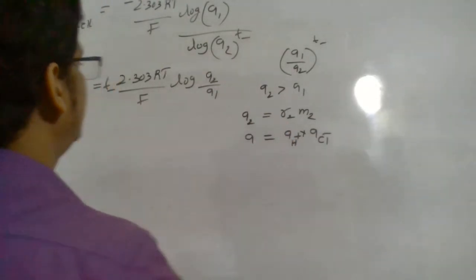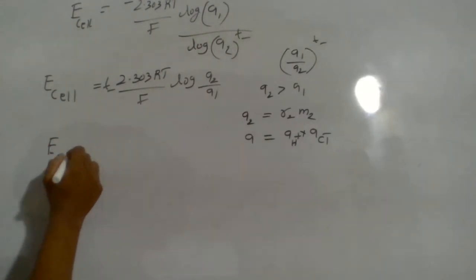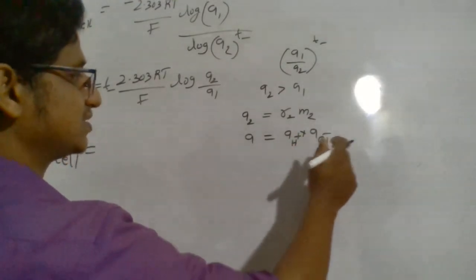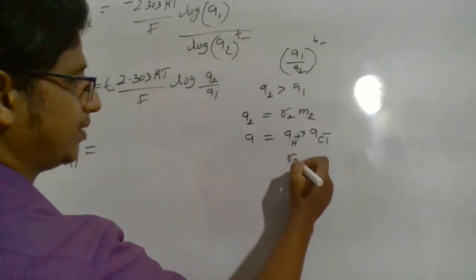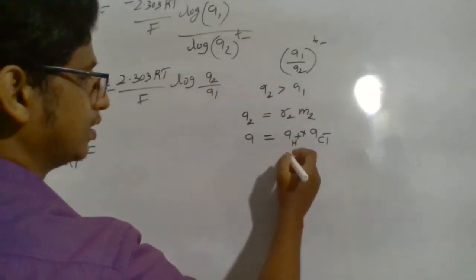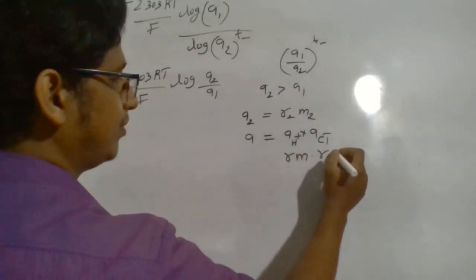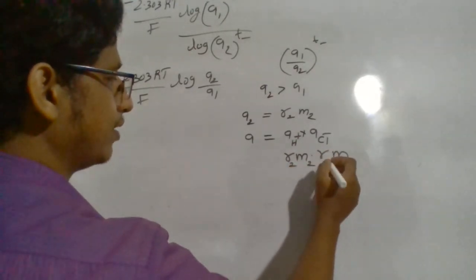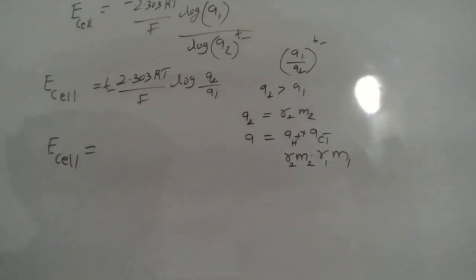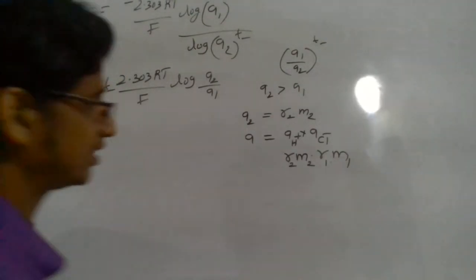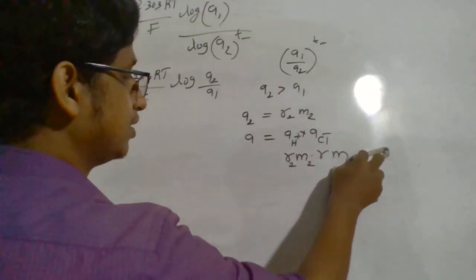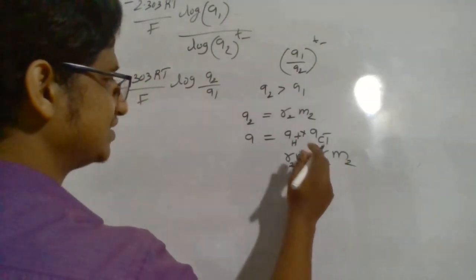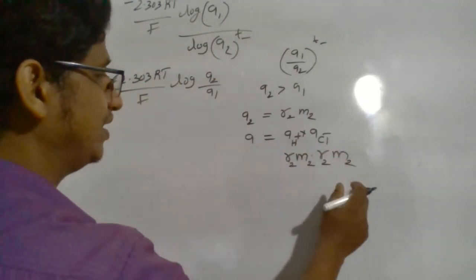So if you express the E cell activity in terms of H plus into Cl minus, it will be gamma 2 M2 into gamma 2 M2, where one is for the H plus ion and the other for the Cl minus ion.